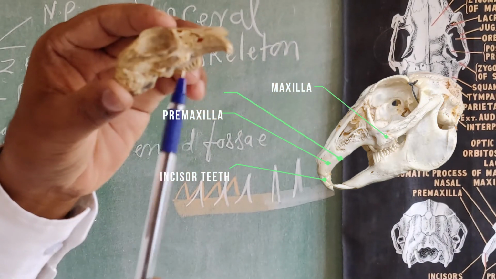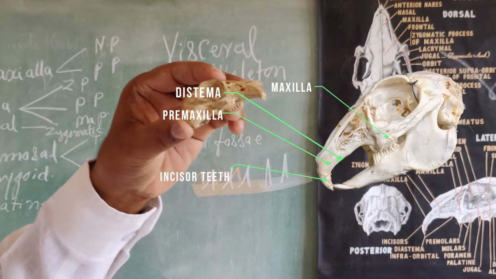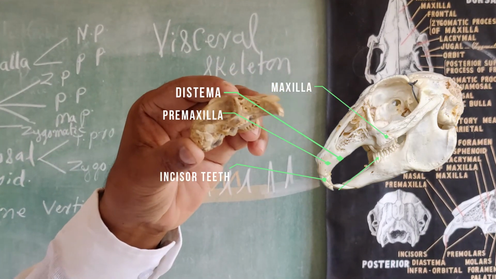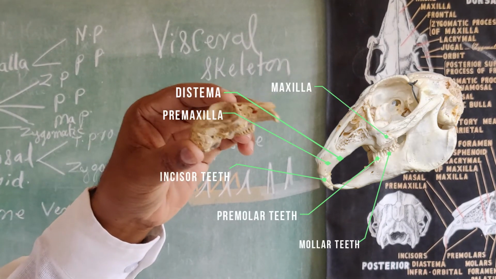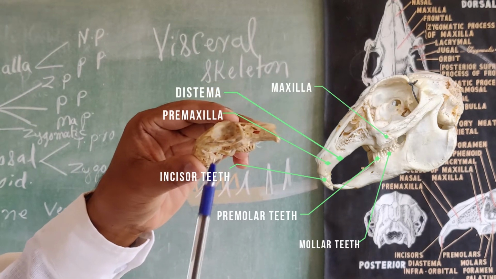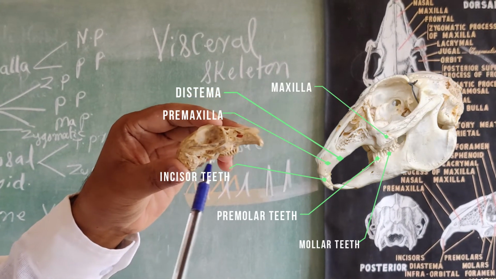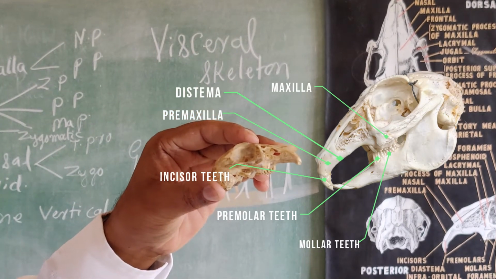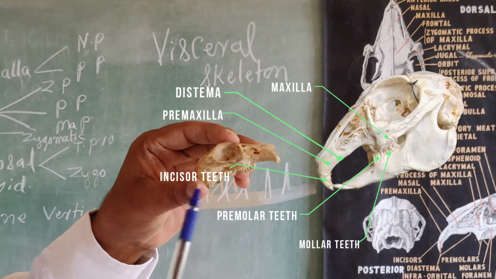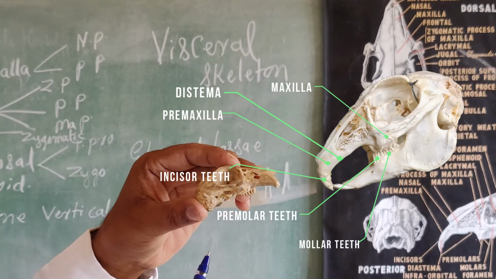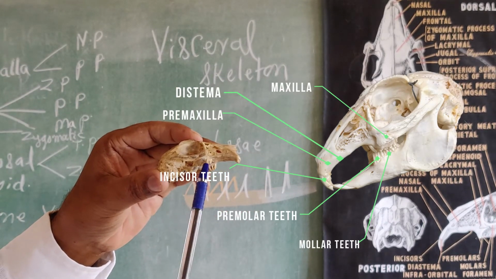The maxilla bears the teeth called premolar and molar, totally having six sockets, and each socket bears a tooth. That is six premolar and molar teeth: three premolar and three molar teeth. This is called the maxilla.